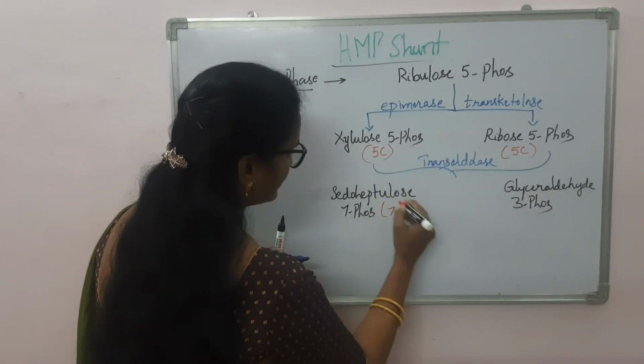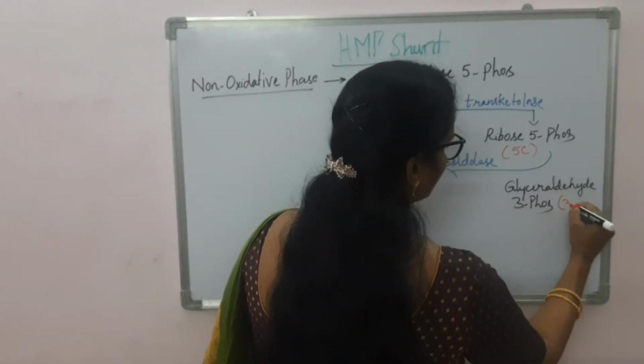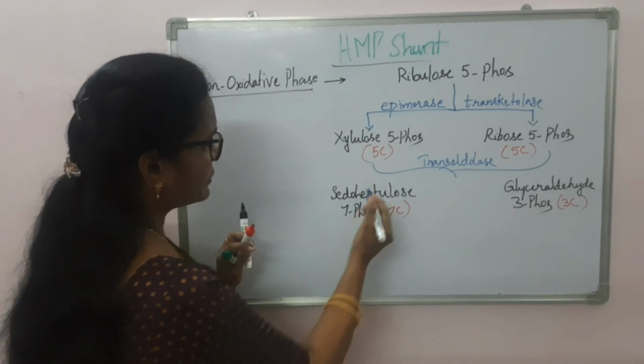So this sedoheptulose 7-phosphate is a 7-carbon compound, and glyceraldehyde 3-phosphate is a 3-carbon compound.